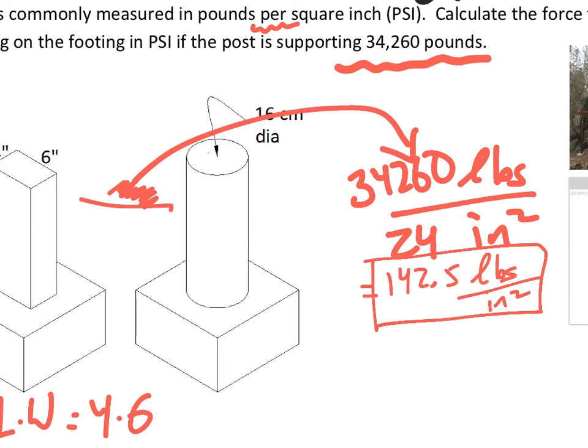Well, what if we take a round one with a diameter that's 16 centimeters here? All right, so we have 16 centimeters. Watch out, that's diameter, so the radius is 8.